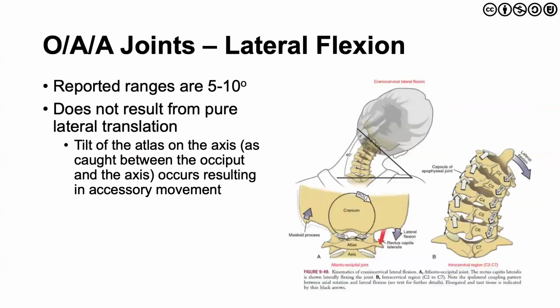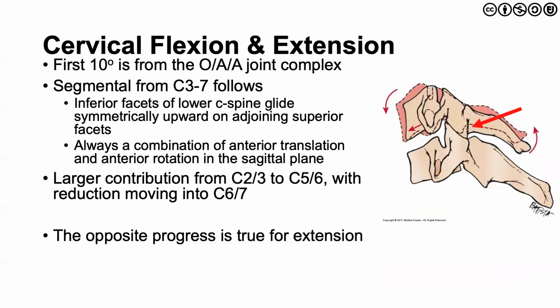We've already touched on the OAA joint as it relates to lateral flexion. Recognize that this does not result from pure lateral translation, but rather a roll and a glide and slide. So this would be more of an accessory motion. Next, we look at flexion and extension. Again, we've already introduced these concepts from an anatomy standpoint, now zooming in a bit more close to a biomechanical context.